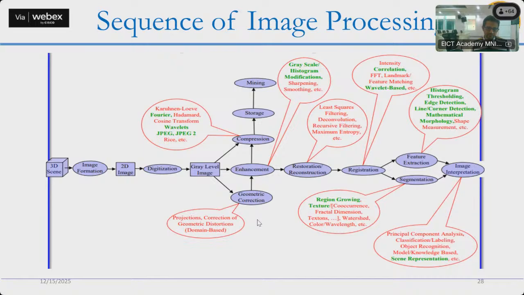So right now, for the beginners who are seeing this for the first time, only understand one thing: that image processing contains these many processes. What types of different processes are there? We have reached till this gray level image part. We'll explore the others.